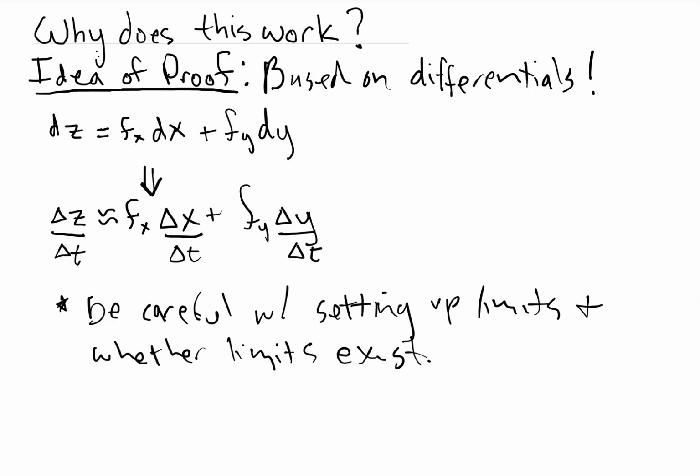What this is effectively stating, assuming you take a limit across the whole thing as delta t goes to 0, this will look like the derivative dz/dt. The thing multiplied by fx is going to look like the derivative dx/dt, and the thing multiplied by the y partial is going to look like the derivative dy/dt. And this is basically the chain rule formula right here once you take that limit.